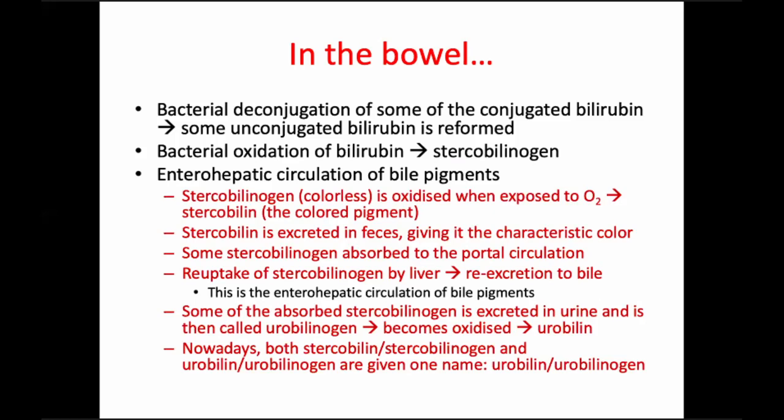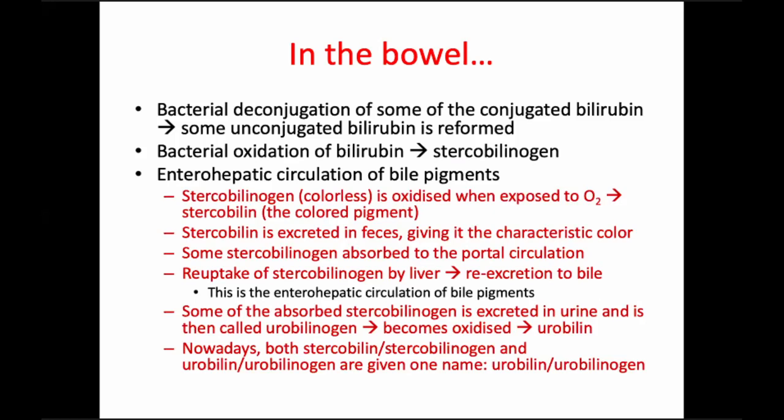But some stercobilinogen is absorbed into the portal circulation, and the liver can reuptake them and re-excrete them into the bile. That's called the enterohepatic circulation of bile pigments. In fact, the liver is able to reabsorb and resecrete many substances which are deconjugated like that. So there is an enterohepatic circulation of many substances. One of them is bile pigments.